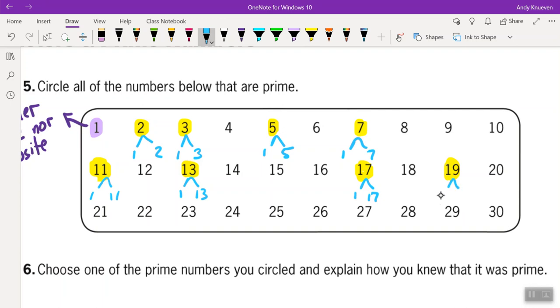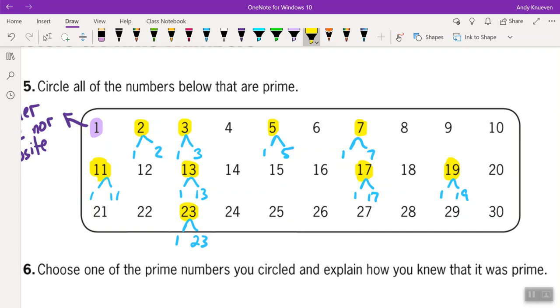Only two numbers to get to 19, 1 and 19. That makes it prime. 20, nope, 2 and 10, 4 and 5. 21, nope, 3 and 7. 22, nope, 2 and 11. 23, yes. Only two numbers, 1 and 23.